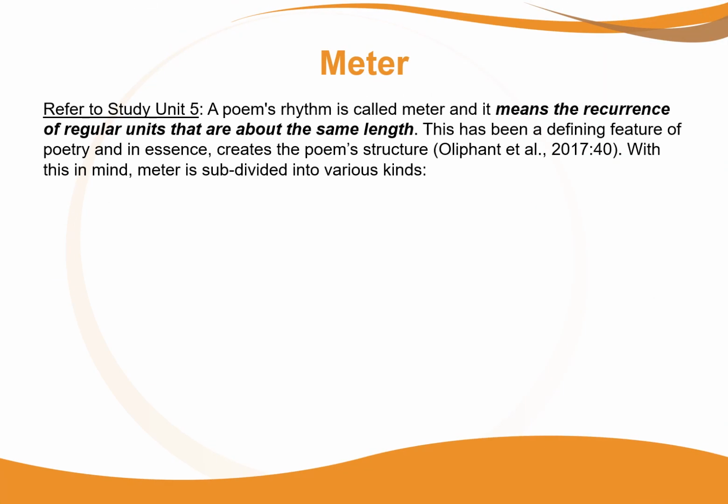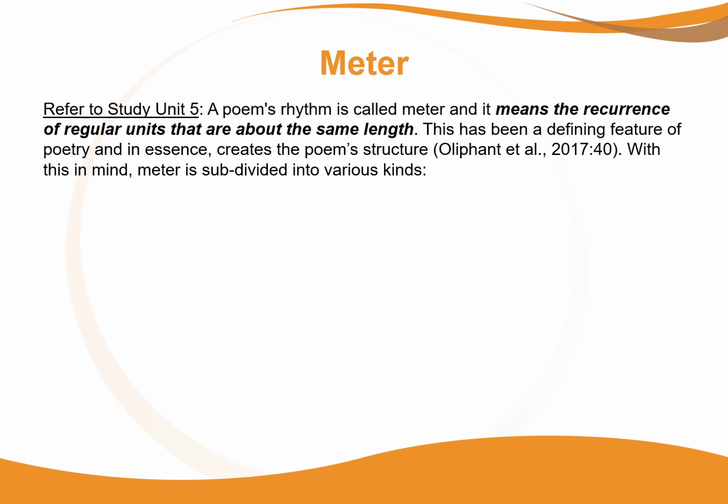Then with meter, this refers to study unit 5, so please remember to consult that as well. And a poet's rhythm is called meter, and this basically means the recurrence of regular units that are about the same length. So meter has been a defining feature of poetry, and this in essence creates a poem's structure.